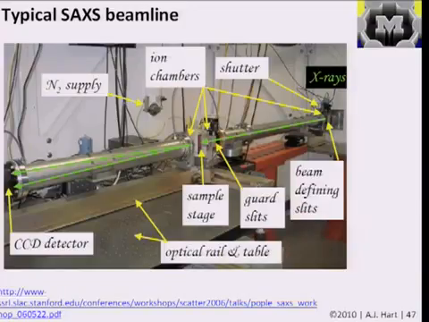And so this is a picture of a typical X-ray characterization beamline, where you put your sample on the stage and the beam comes in here. The sample in this case can sit in atmosphere, but you want to minimize the amount of atmosphere that the sample is exposed to, and therefore you have vacuum tubes between the input of the beam and your sample, and between the output and the detector.